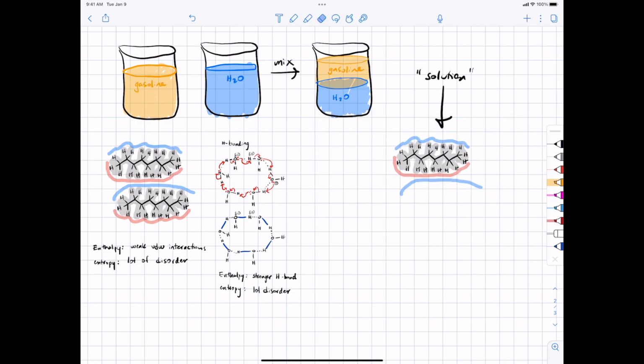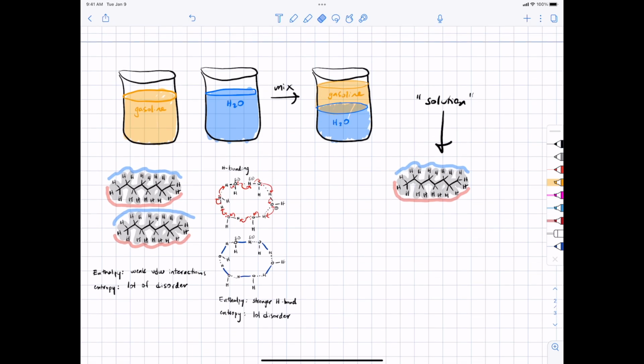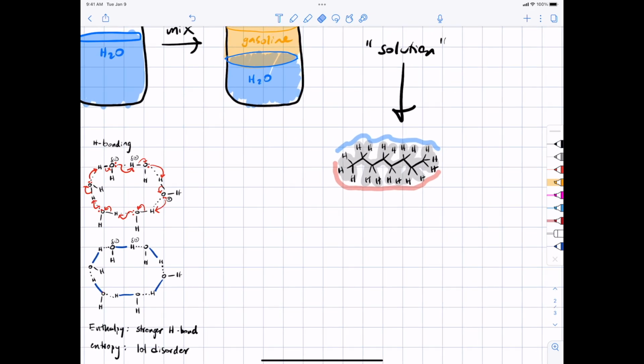If you want them to be mixed together completely, that means that a hydrocarbon like octane here is going to be totally surrounded by water molecules. All right? And all the hydrocarbon has to offer are weak van der Waals interactions.